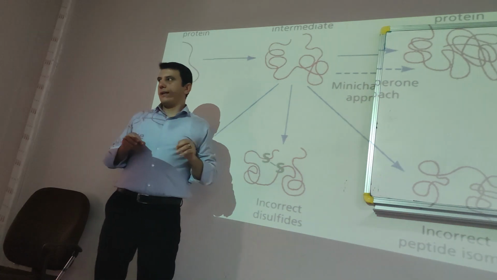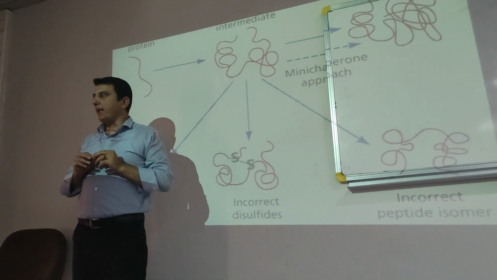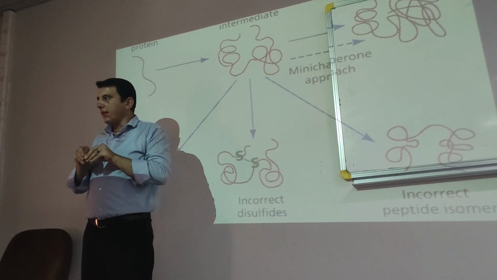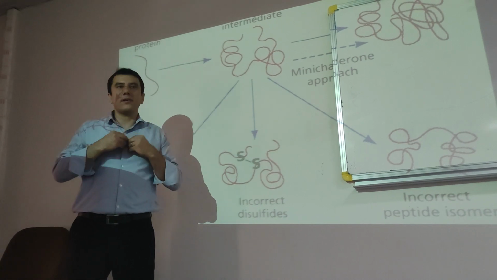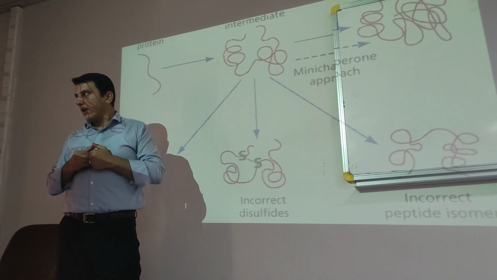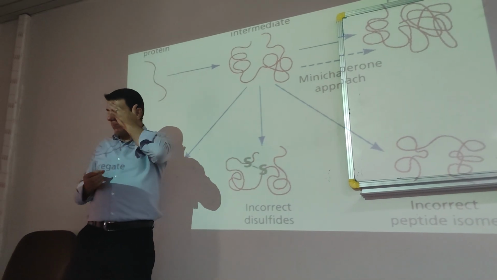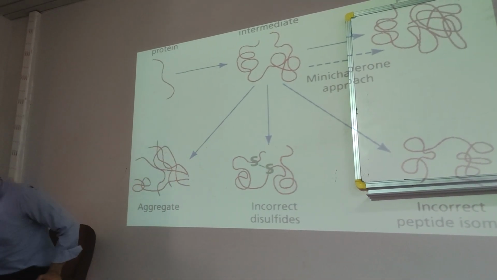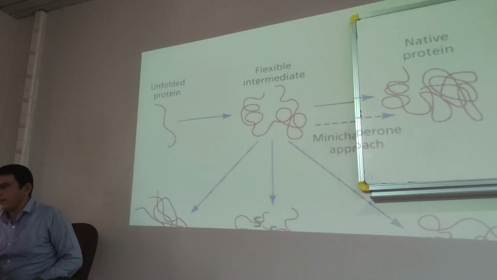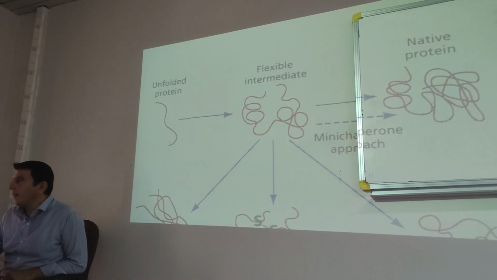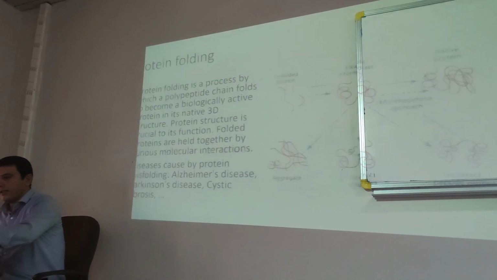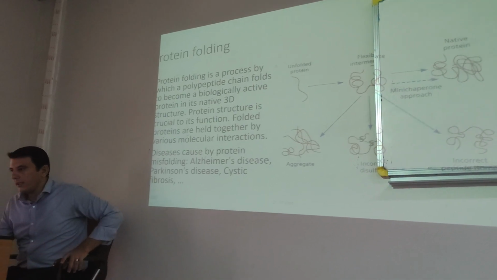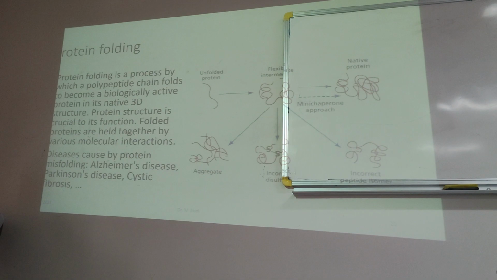But how does a cell determine which form of protein is better for the cell? We have some helpers in our cell that can help us to produce the best form of a protein.